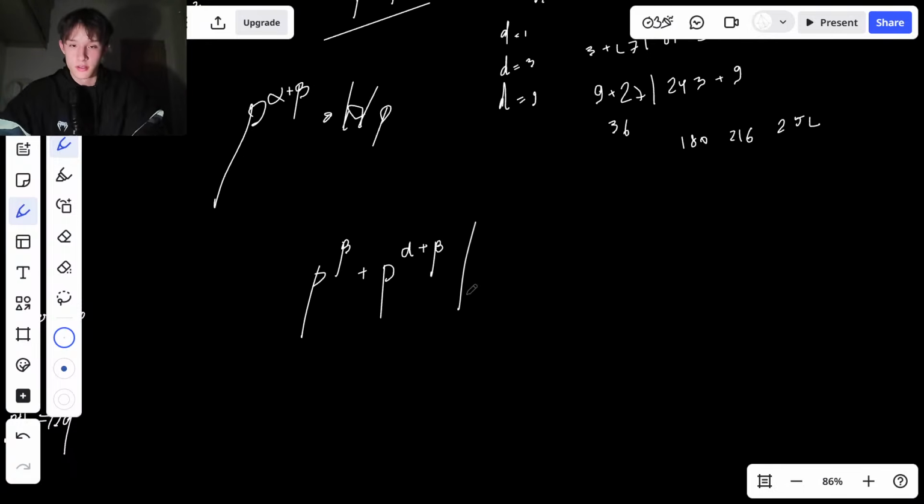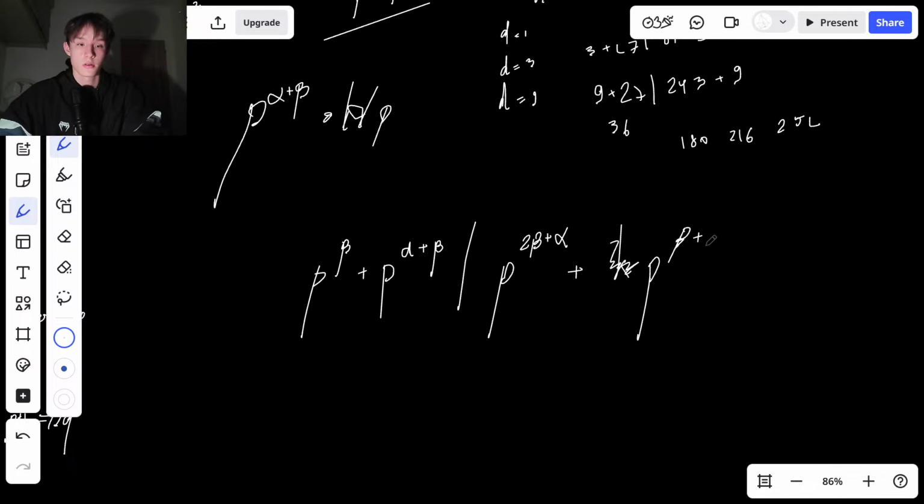And this must divide p to the power of 2 beta plus alpha plus some factor k. This should be true. So k should be of the form p to the power of beta plus m for some m. That's what we're essentially searching for.